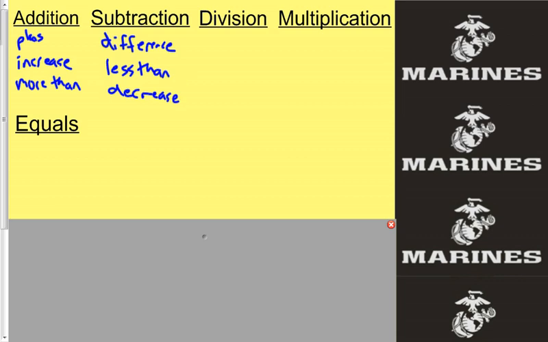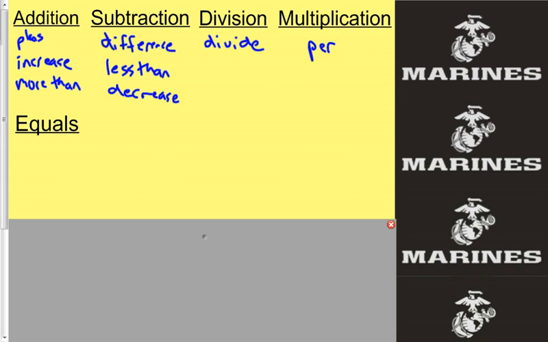Now, division is a little bit tricky. We don't really use division a lot, so the word divided by or divided up would be a very common one. And we're going to leave it at that for right now, unless one other comes to mind. Very common for multiplication, though. Multiplication, the word per. So miles per hour. And I'm going to put per over division too, but now we're going to leave it as multiplication for our sake.